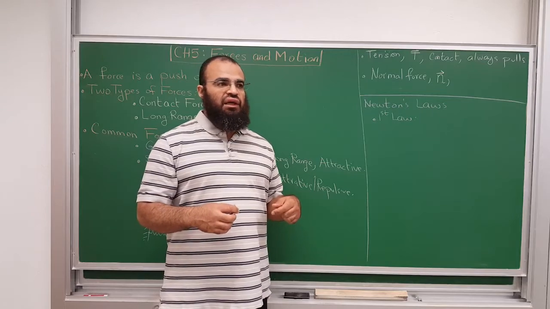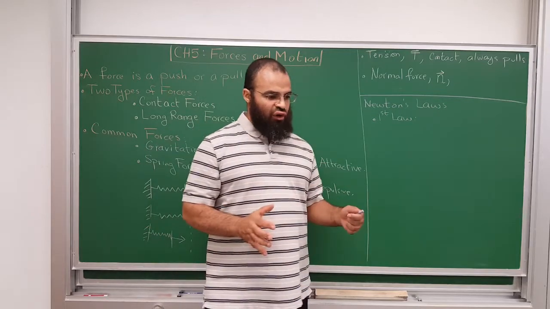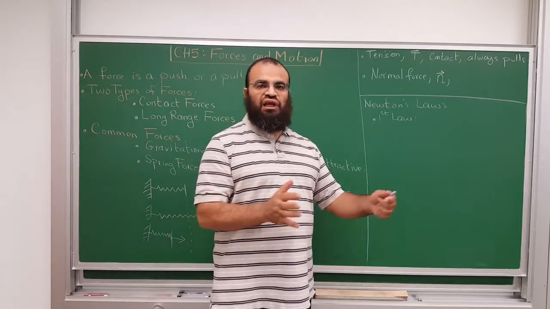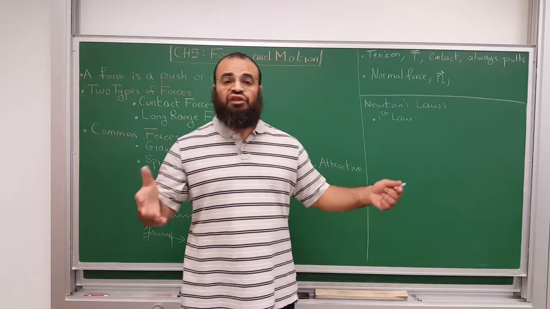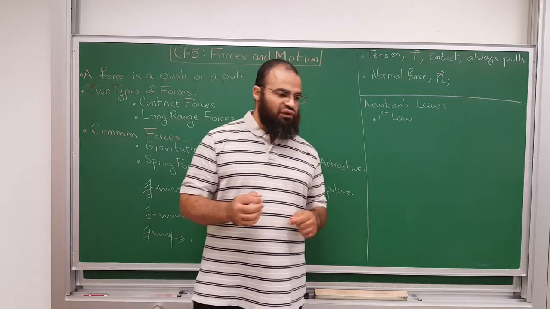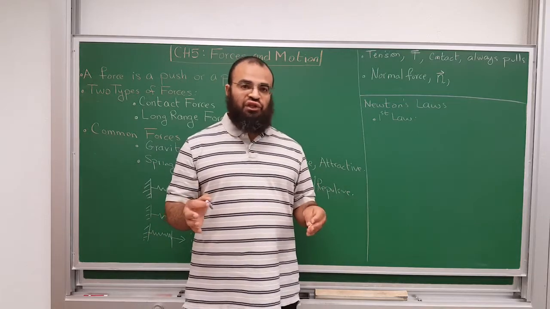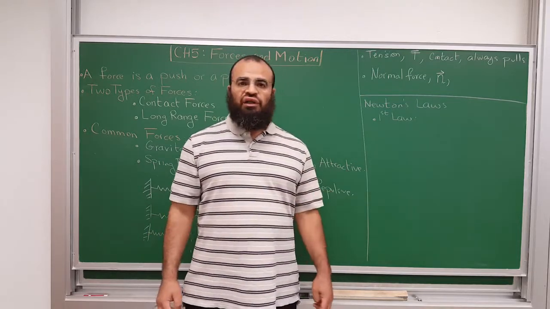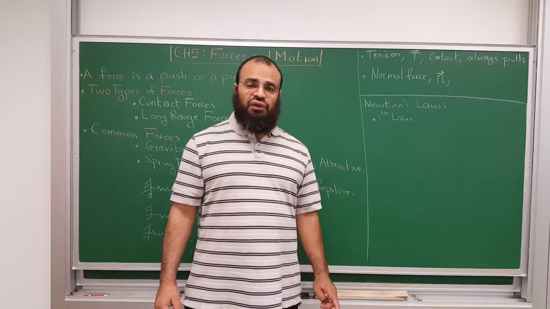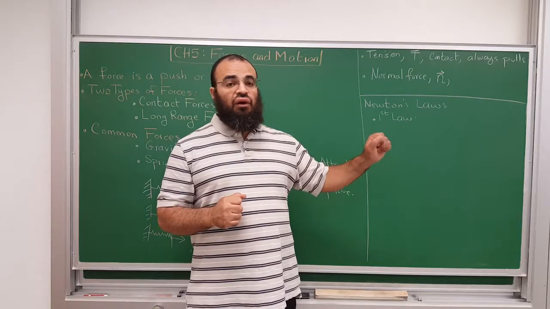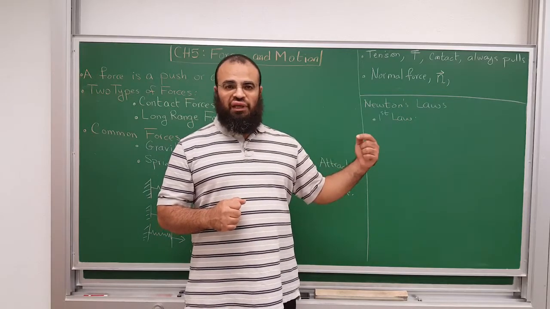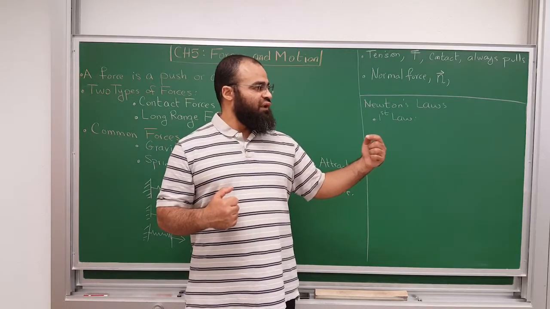So if the net force is 0, an object will continue moving at constant velocity, including that maybe that constant velocity could be 0, meaning at rest. So 0 force implies constant velocity. The implication goes the other way, because we said if and only if.